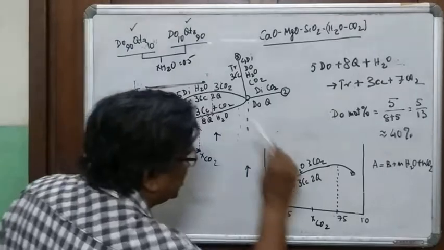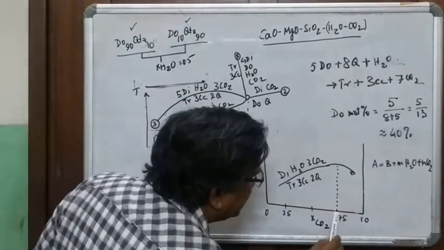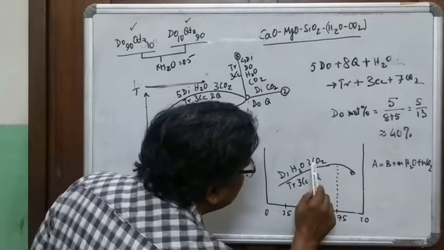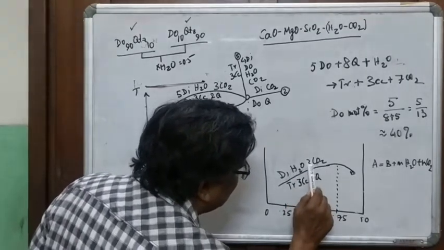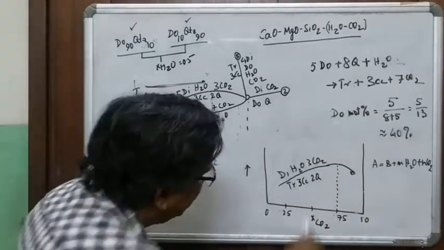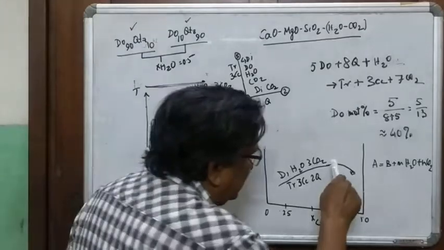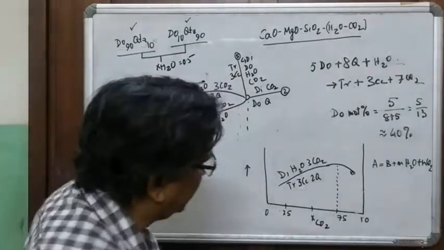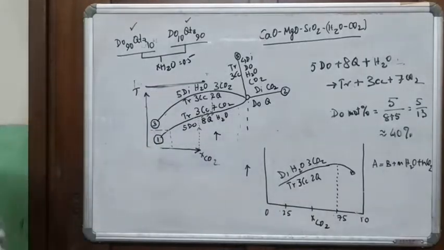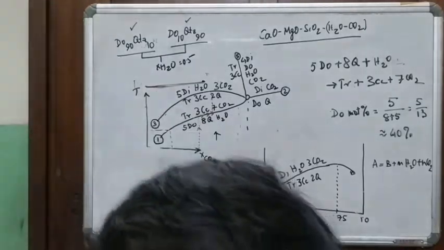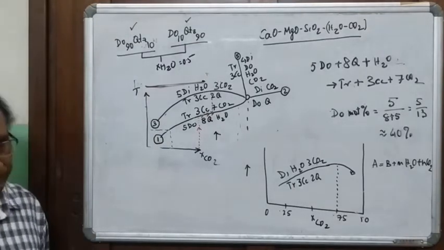So the hump of the reaction should lie at XCO2 0.75 because 3 divided by 1, the coefficient of H2O, plus 3, that is 0.75. So the peak or the hump of the line, where the maxima of the curve is, should coincide with XCO2 equal to 0.75.